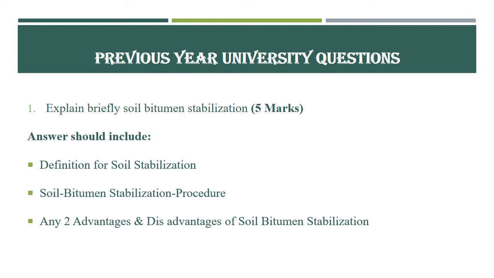Since the question is asked for only 5 marks, first of all you have to give an introduction, that is, define what is soil stabilization. Then specify what is soil bitumen stabilization. After that list out the step-by-step procedure for this technique, and then list any 2 advantages and any 2 disadvantages of soil bitumen stabilization.